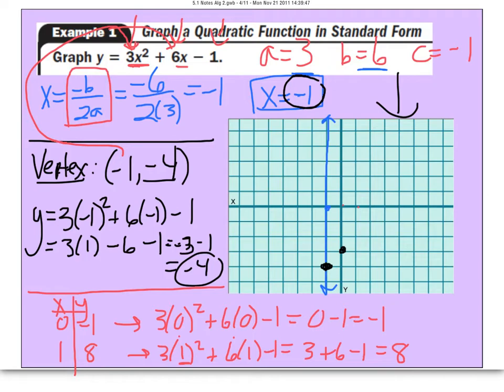Looks like I might actually go off my graph paper on this, so I have to go up 1, 2, 3, 4, 5, 6, 7, 8. So (1, 8) is going to be from the origin right 1, up 8. Right up here. Okay, now these are going to reflect over the blue line. So I'm going to take this first black point, and it's 1 space from the blue, so over here it's 1 space.